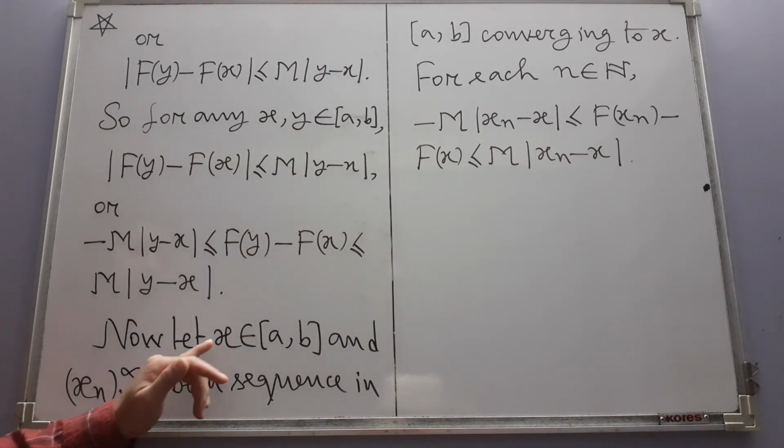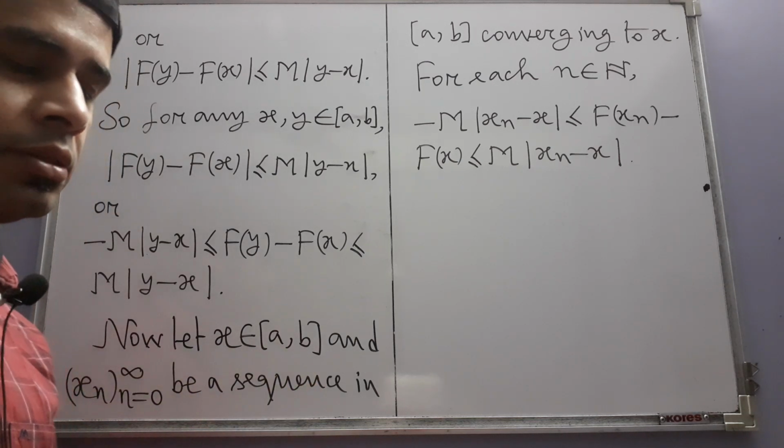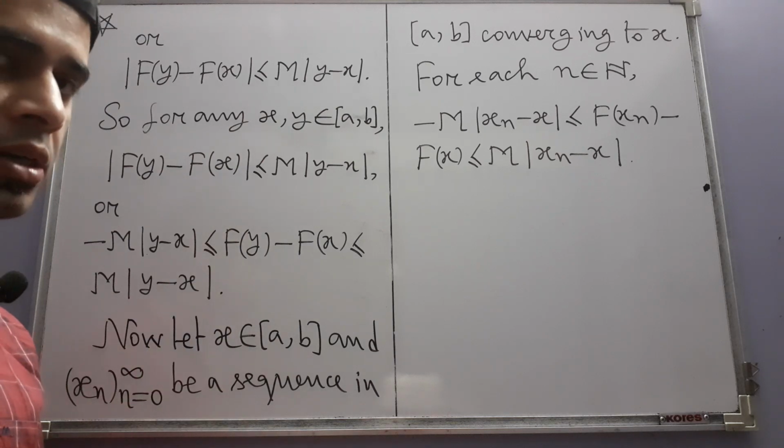Because after all, x as well as all the terms of this sequence are coming from [a, b]. That's why these inequalities are applicable.